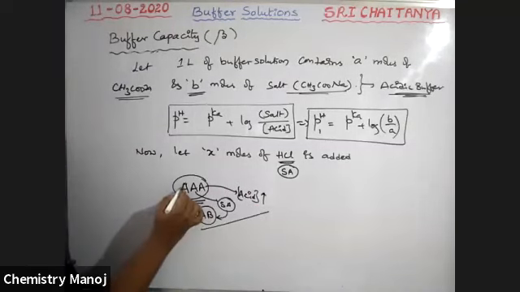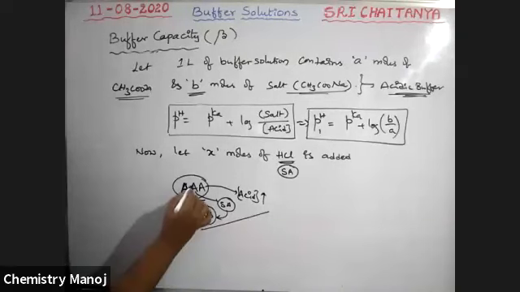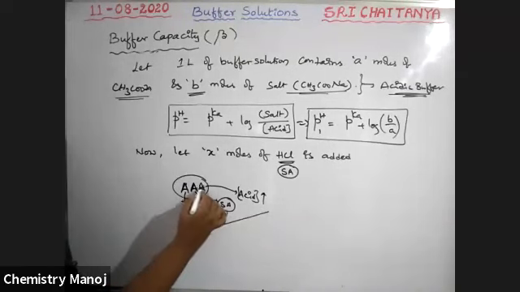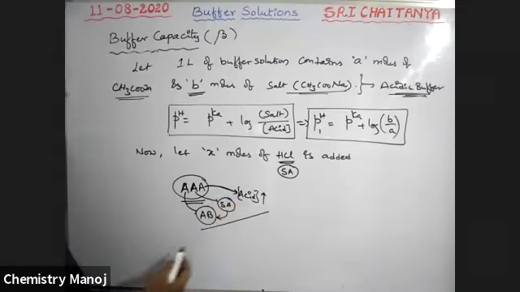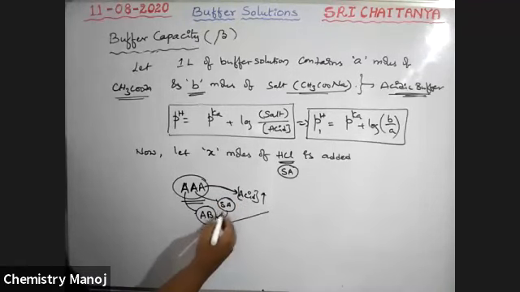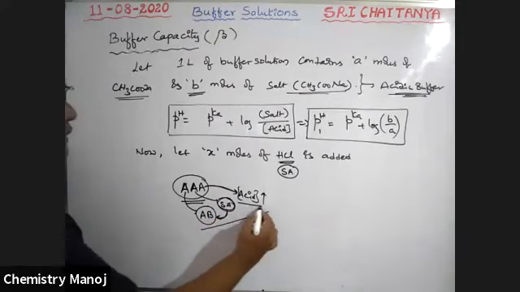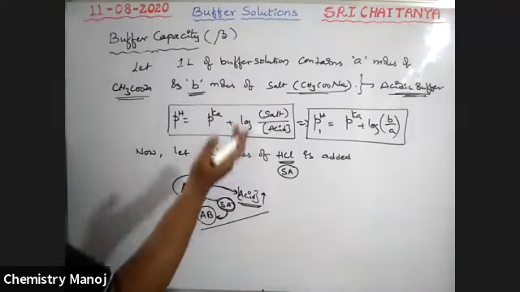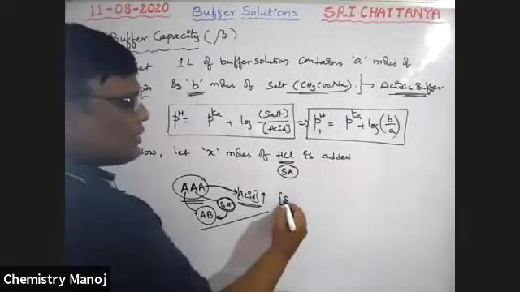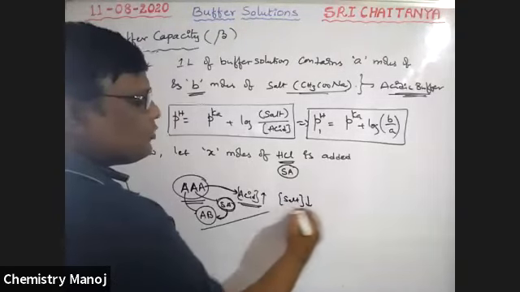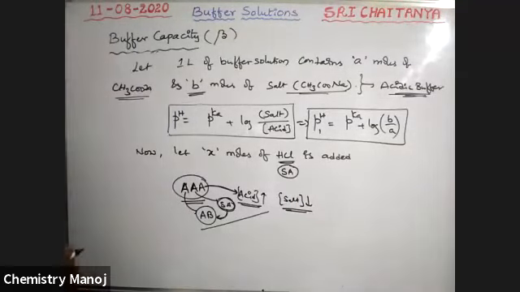The third A is the concentration of weak acid. So when a strong acid is added to an acidic buffer, the concentration of acid increases and automatically the concentration of salt decreases.